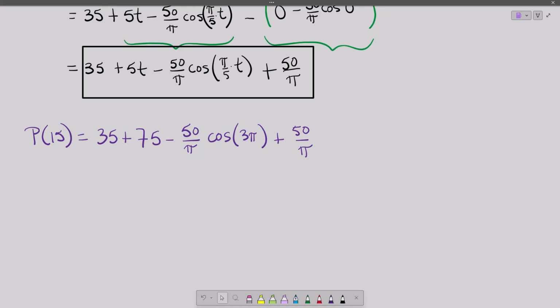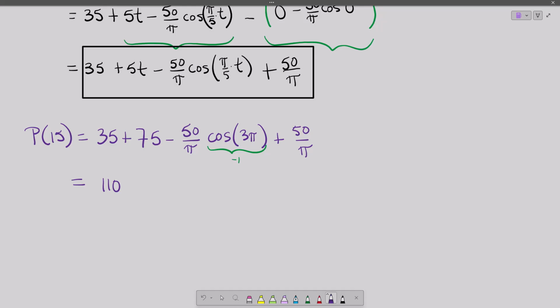Yep. So this is all going to become 110. That's going to be -1. So this part right here is -1. So that's going to make this positive. So we have 50 over pi plus 50 over pi, which is 100 over pi.